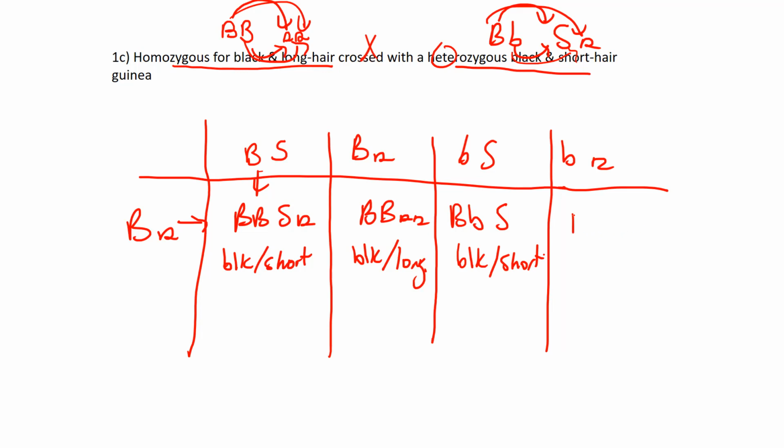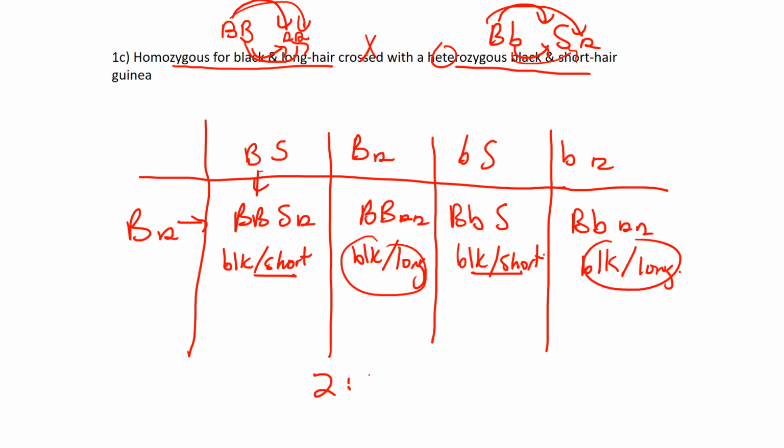And then big B, little s, that's going to be black and long. Okay, so in this case, we have black and short twice, so 2 out of the boxes are going to have that. And black and long are also twice. But we're going to have to reduce that ratio, as we always do, to 1 and 1. Okay, 1 being black and short, 1 being black and long.